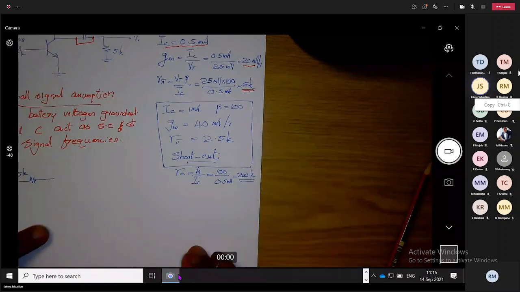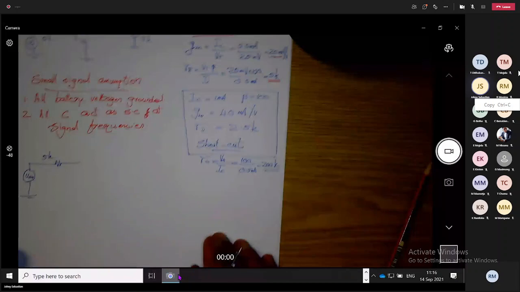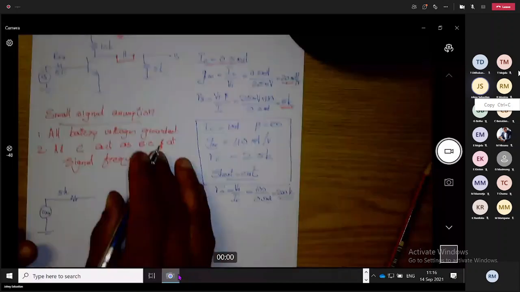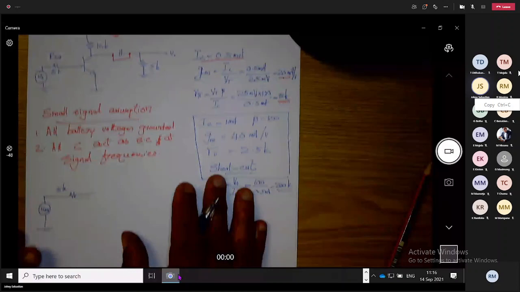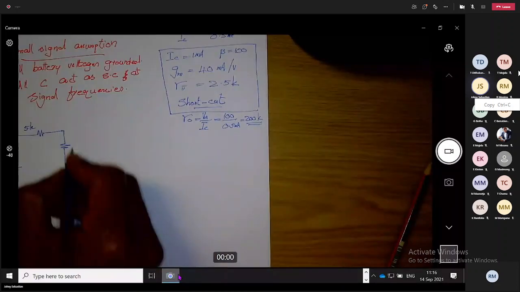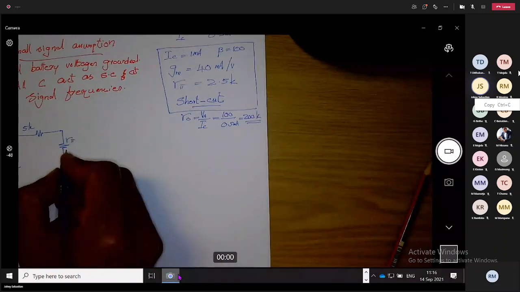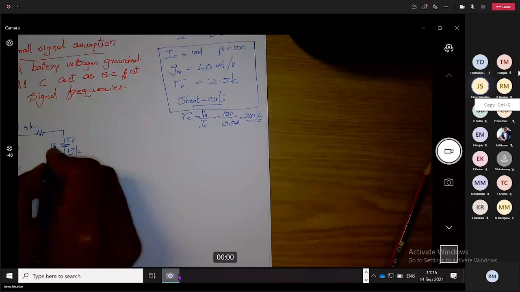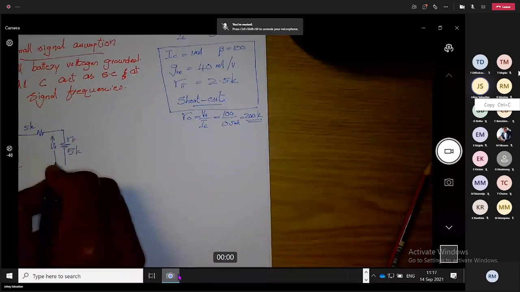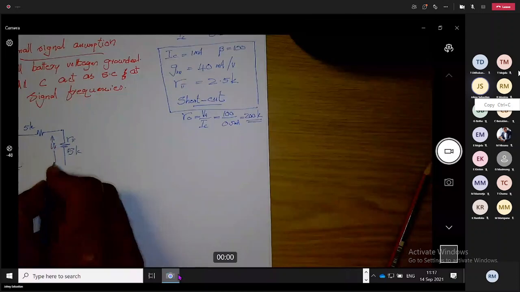Between base and emitter, we have r pi. r pi currently is 5 kilo ohm, and we have V pi across r pi, and emitter is connected to ground.